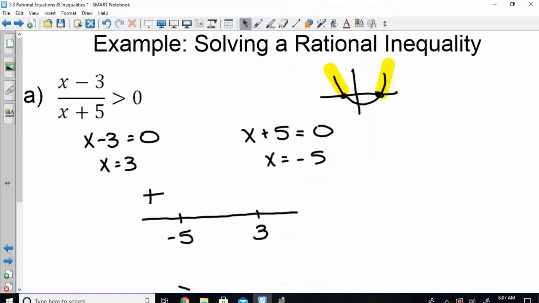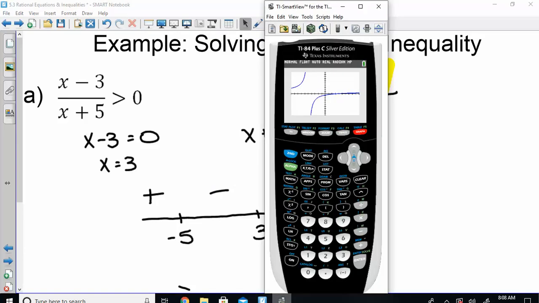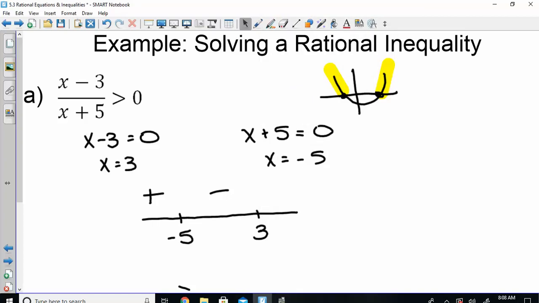It's below the axis. Okay, after 3, what's happening to my graph? It's above again, so it went back to positive. Alright, if you don't understand how I got this from the graph, tell me now, because I can give you another way to get the positive, negative, positive. Does anybody want to see another way to get those?